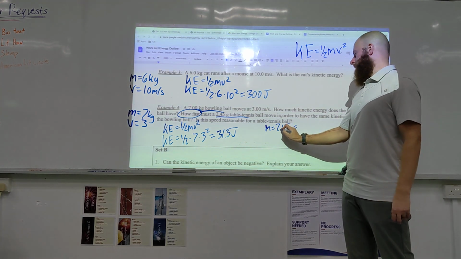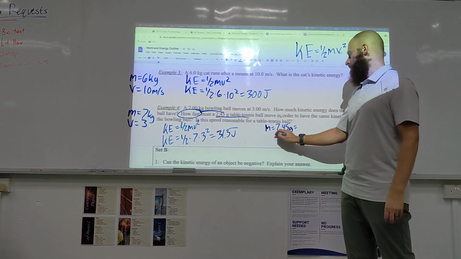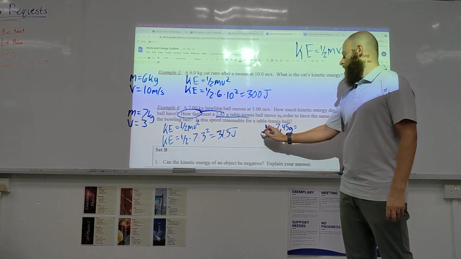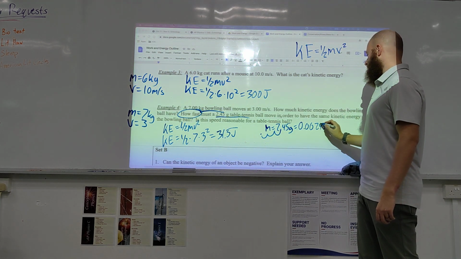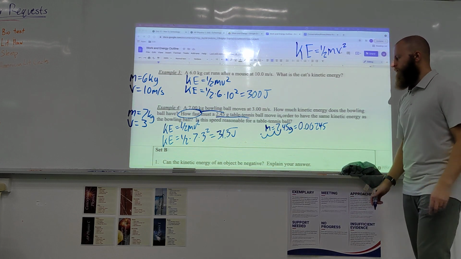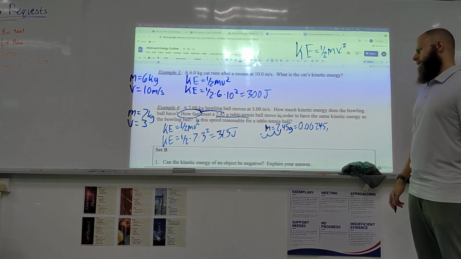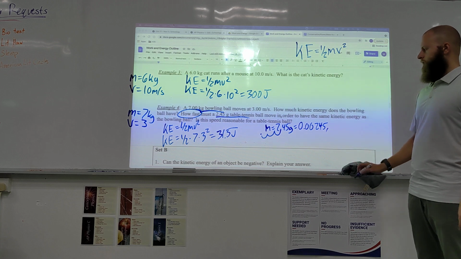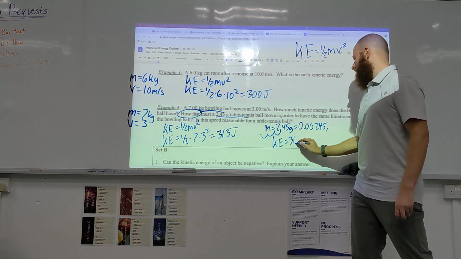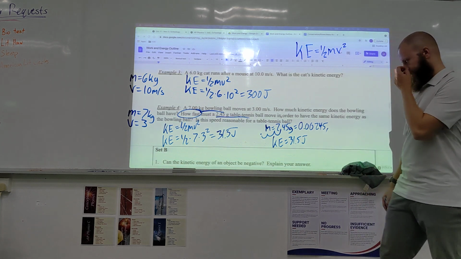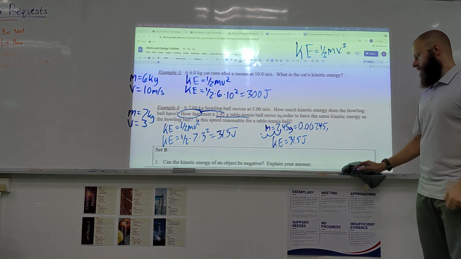So I need to move my decimal place 3 times. 1, 2, 3. So that'd be 0.00245. Okay? And then my KE equals 31.5 joules. Okay? And I'm trying to find velocity.